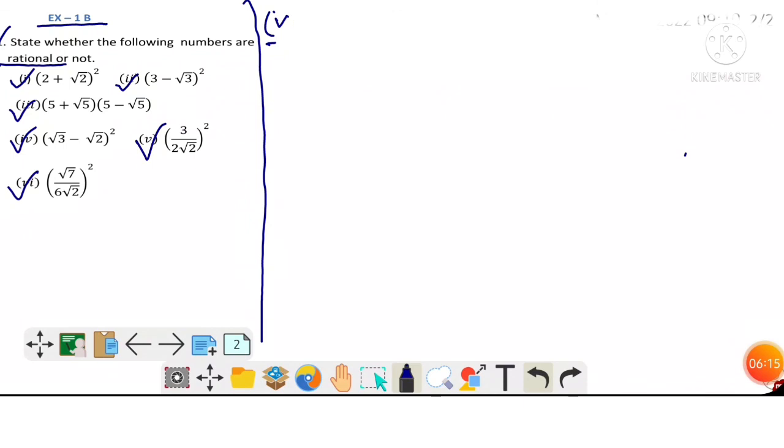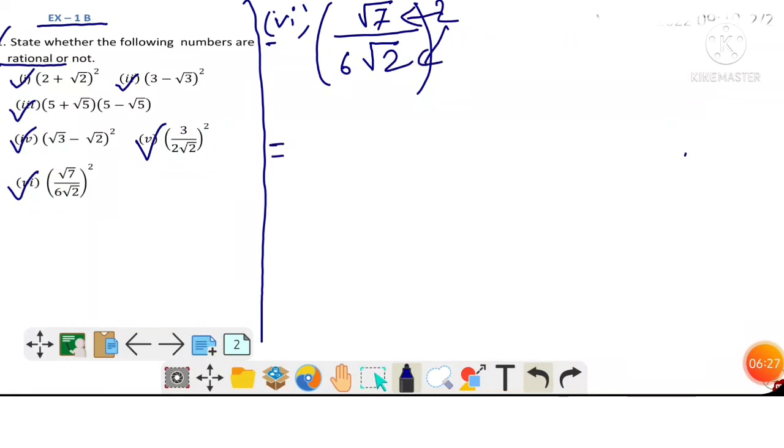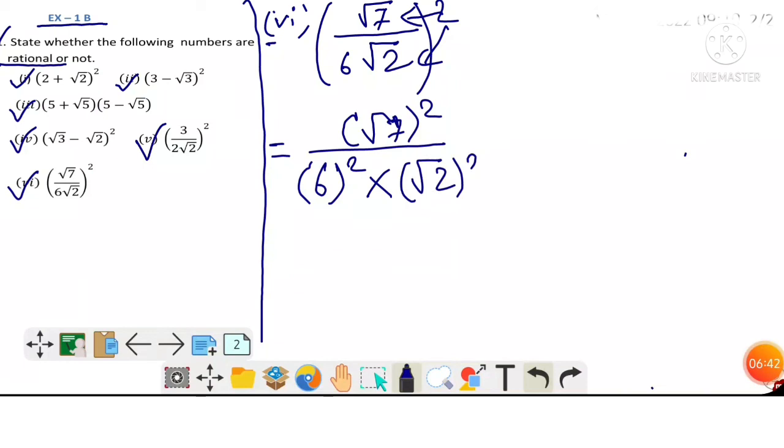Next, it's question number 6. Root 7 upon 6 root 2 whole square. So you have to square root 7 and 6 root 2. Root 7 whole square upon 6 root 2, 6 square into root 2 whole square.